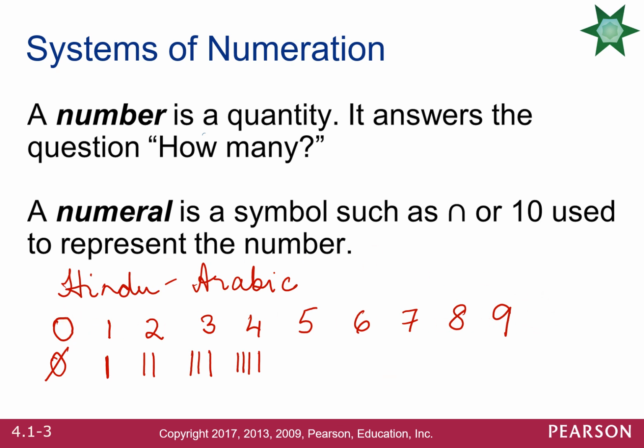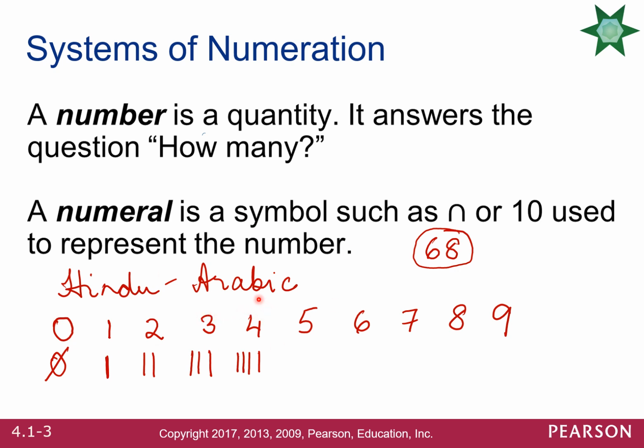So if we want to represent 68, we would write 6 and an 8 next to it. So 68 is created using 2 of these numerals that are in existence in the Hindu-Arabic form. All right, so that's about the Hindu-Arabic system that I briefly introduced here.